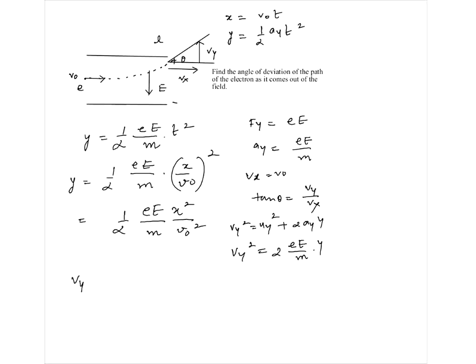That means 2 QE by m, and y is this, half QE by m, x is L there, L square upon v naught square.